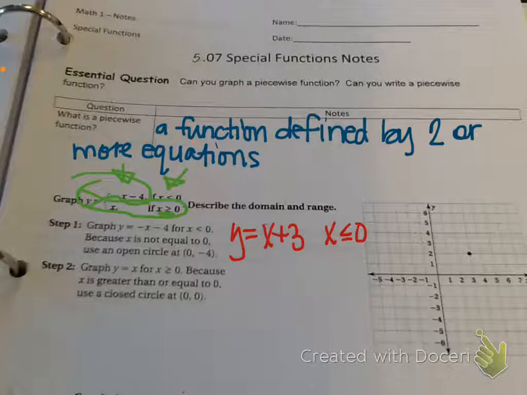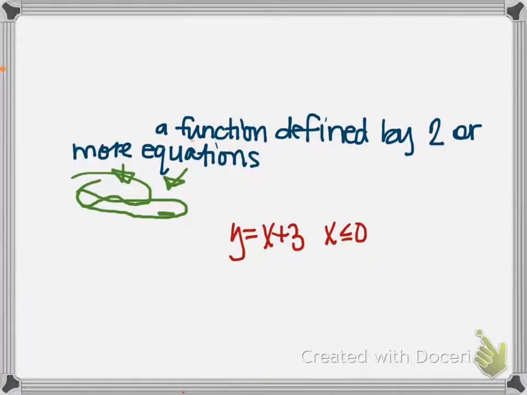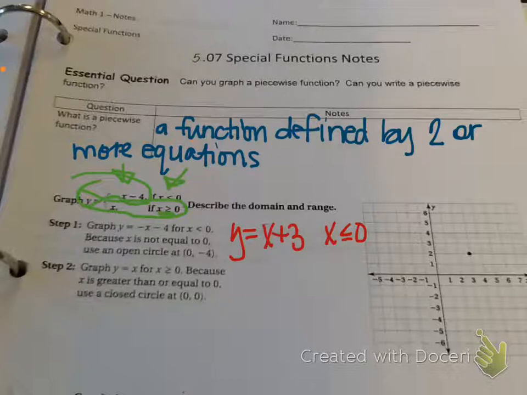So to graph that, I start at 3. And I'm going up 1 over 1 or down 1 left 1 since it's less than or equal to 0. And since it's equal, I have a closed dot. Then I have y equals negative x if x is greater than 0.